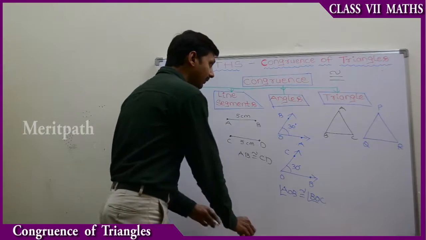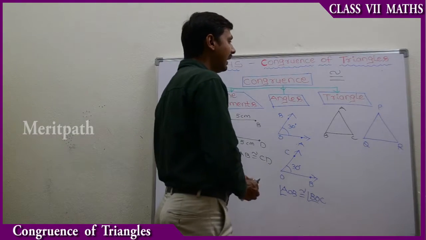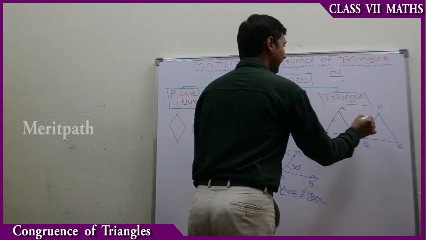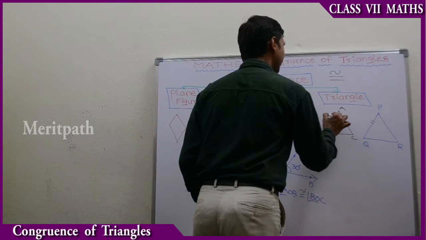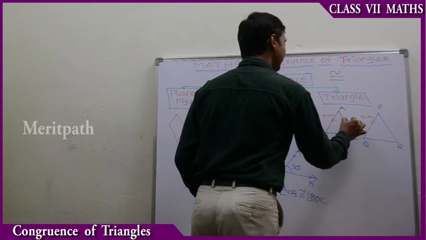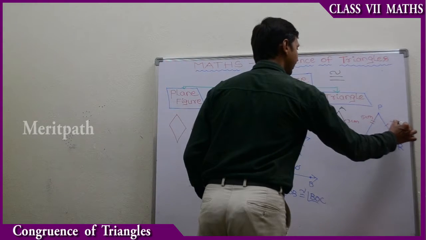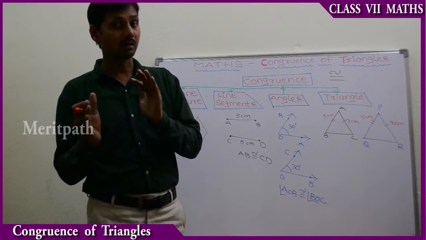Like if AB is 5 centimeters, then PQ should be 5 centimeters, and AC is 3 centimeters, and PR also 3 centimeters, because the corresponding parts of the triangles are equal.